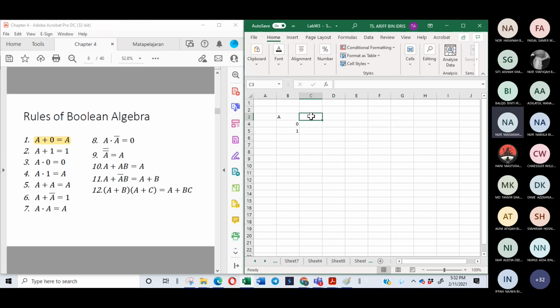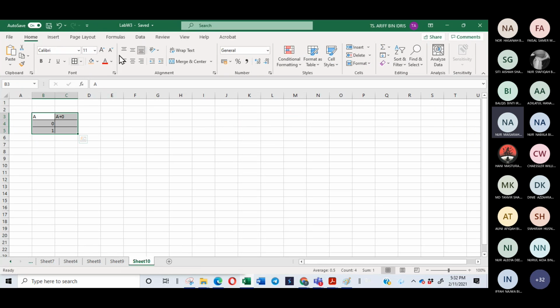Then we have A plus 0. Plus 0 is actually OR 0, A OR 0.